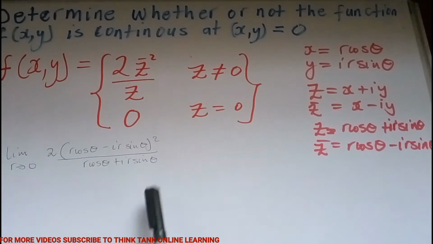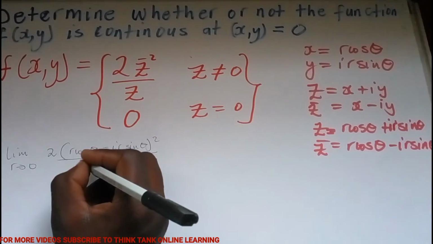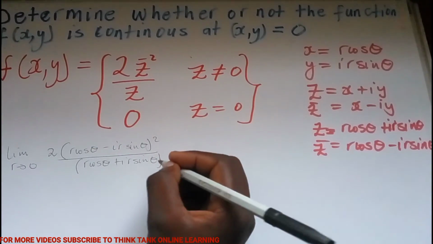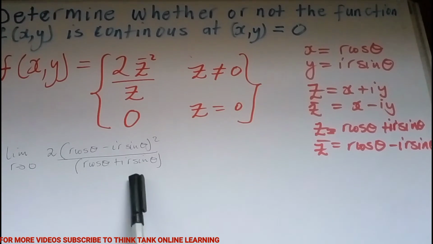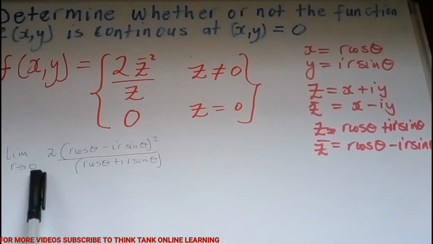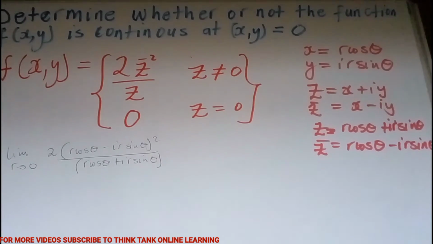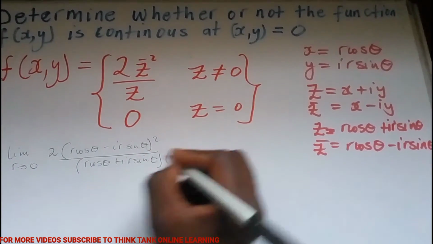I'm going to multiply the denominator and the numerator by the conjugate of z, because I want to obtain a real number. My goal is to get rid of r in the denominator so that I can substitute r equals 0. But if I substitute r equals 0 now, the function will be undefined. So I'm going to multiply both numerator and denominator by the conjugate.